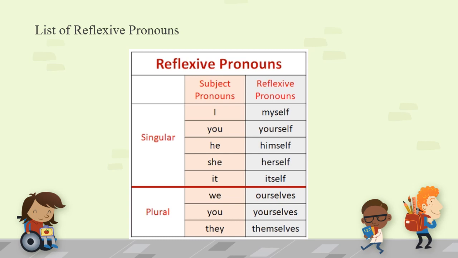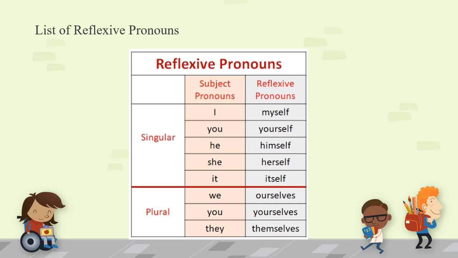Here is a list of reflexive pronouns. Let's look at it. There are two columns and two categories of singular and plural. Subject pronouns and reflexive pronouns. When the subject is singular and the reflexive pronouns are singular, they are ending at self. And when they are plural, they are ending at selves.